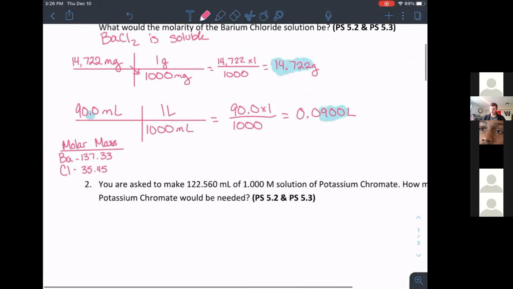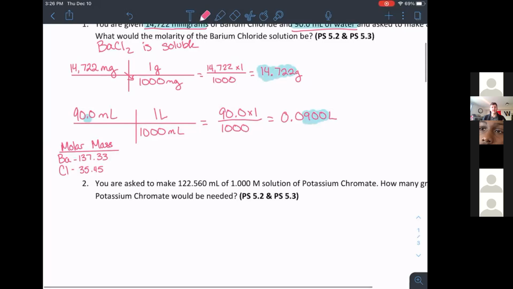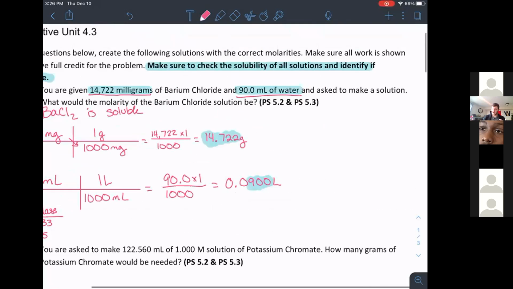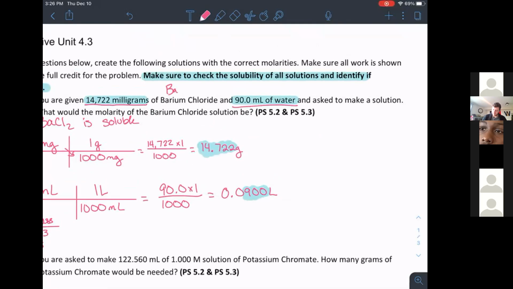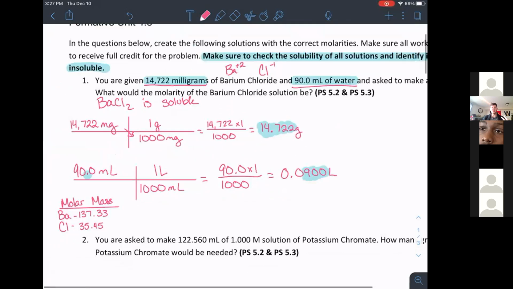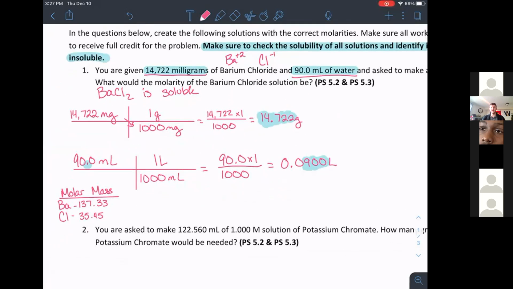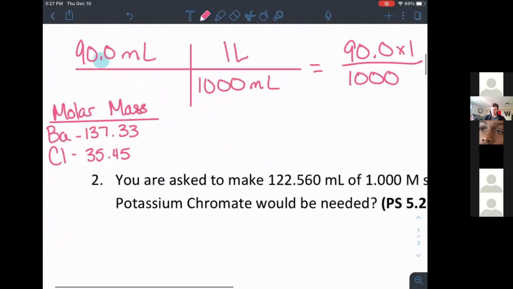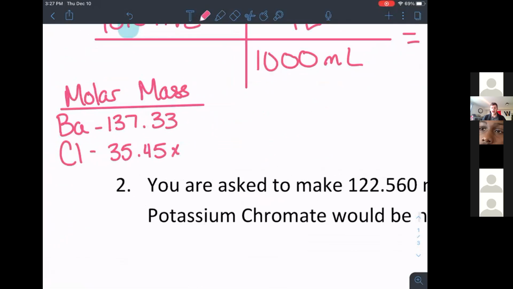grams. But my barium chloride, if I remember from getting this formula, barium normally has a +2 charge because it wants to lose 2 valence electrons, while chlorine has a -1 charge because it only needs 1 valence electron to have its full octet, which means we need 2 chlorines for this compound, which means I need to multiply this Cl by 2.